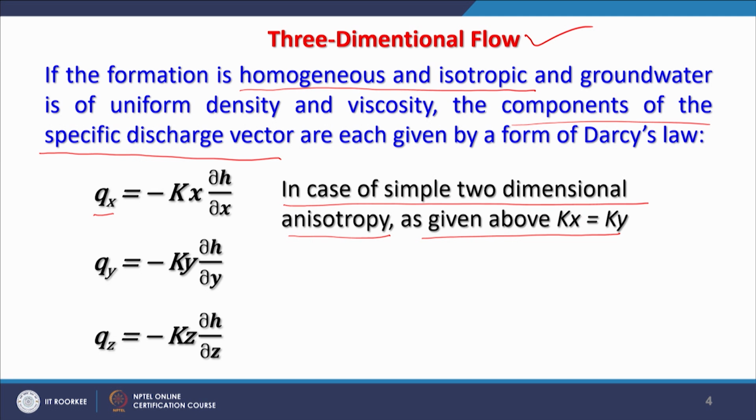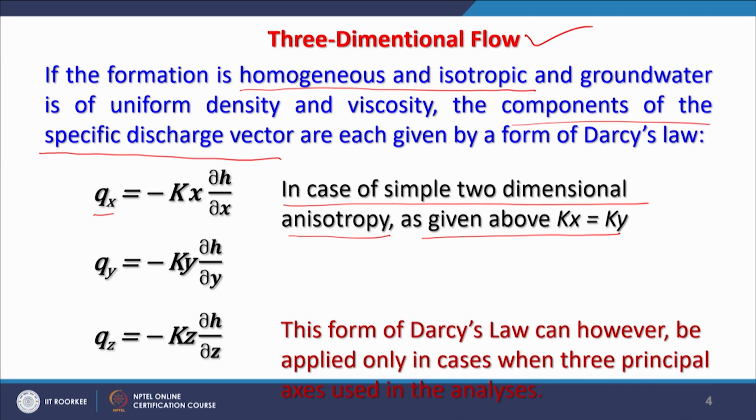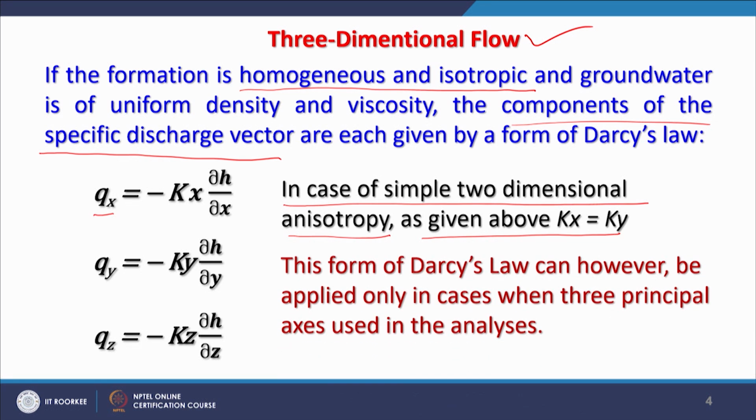So, all these 3 equations for x, y and z can be written like this to fit into Darcy's law. However, this form of Darcy's law can be applied only in cases where all 3 principal axes are used in the analysis. If we have that kind of information, then only we can apply these 3 equations. These 3 principal axes are shown in the previous cube figure as x, y and z.